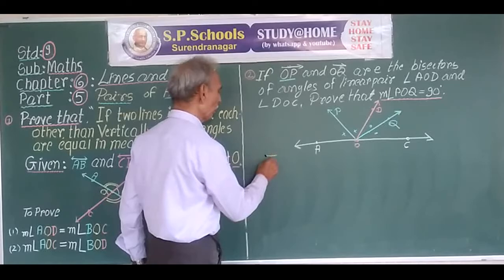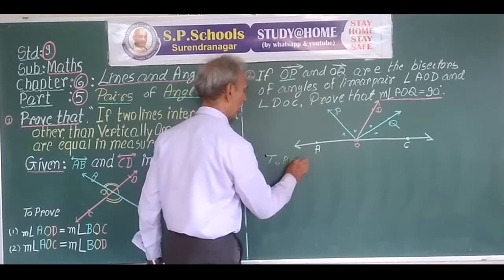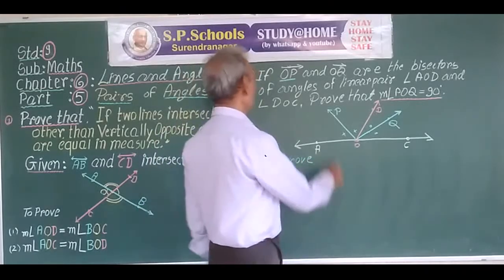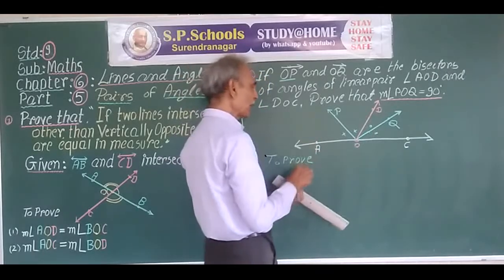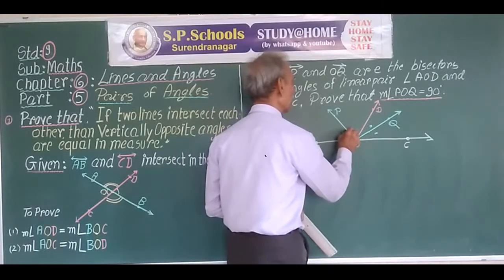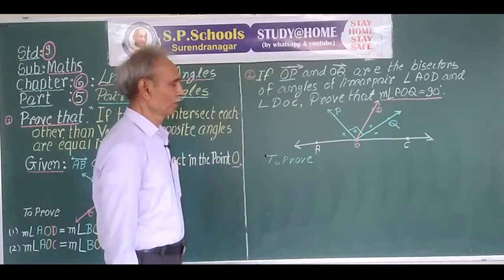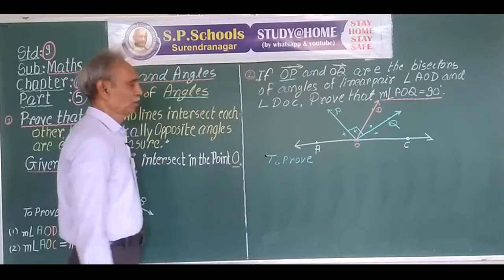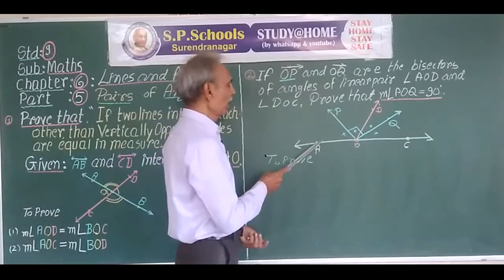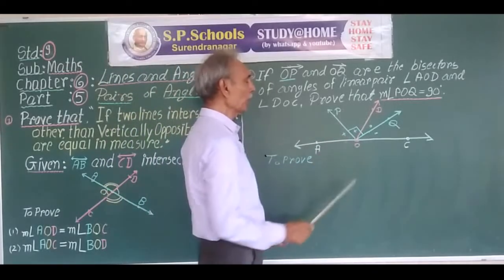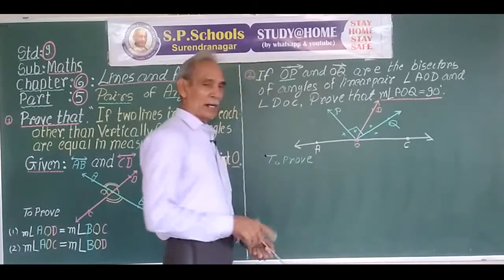Now we have to prove measure angle POQ is 90 degrees. So this angle is a right angle. It's very simple because the measure of this angle AOD plus the measure of this angle BOC add up to 180.